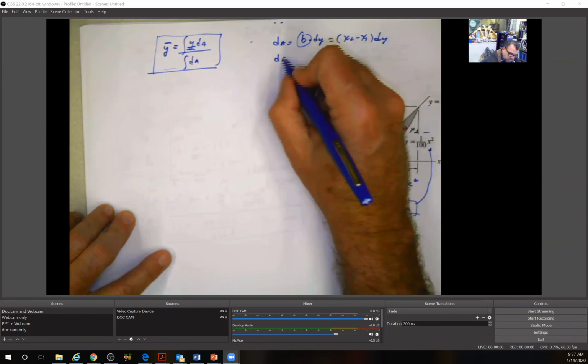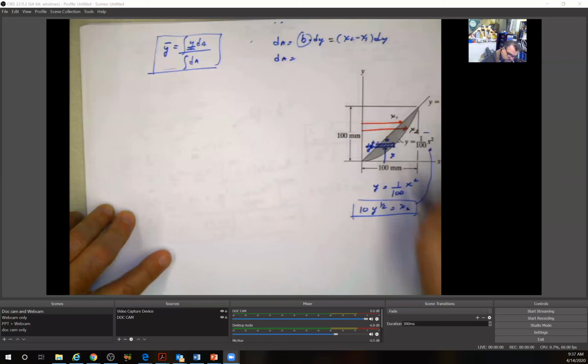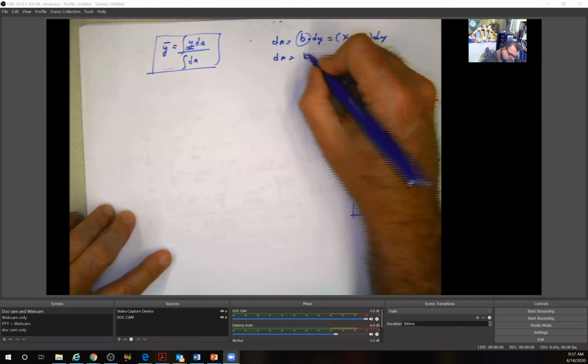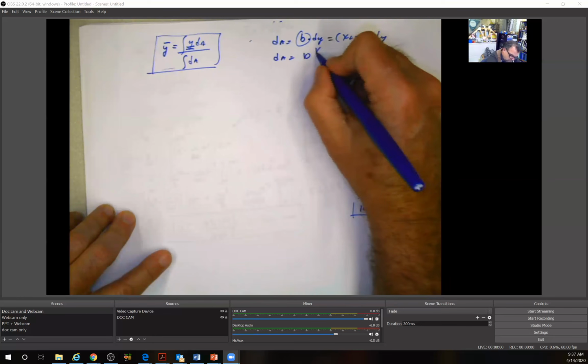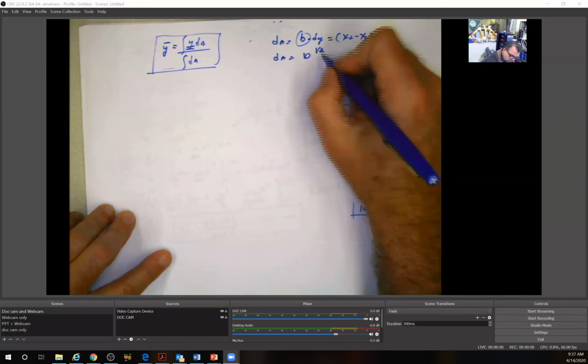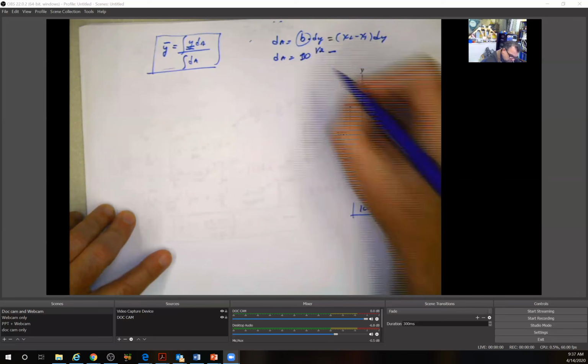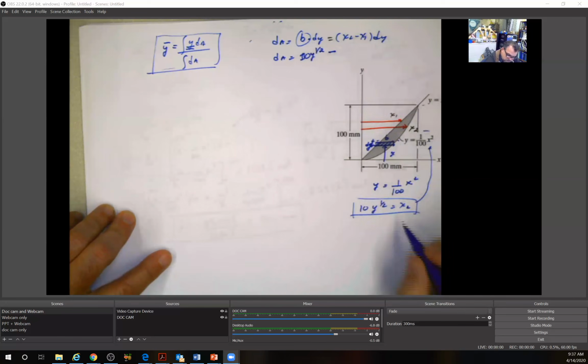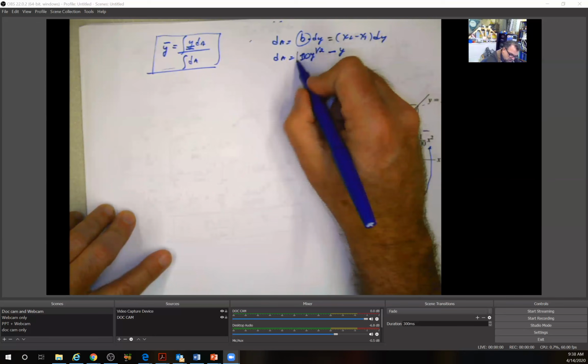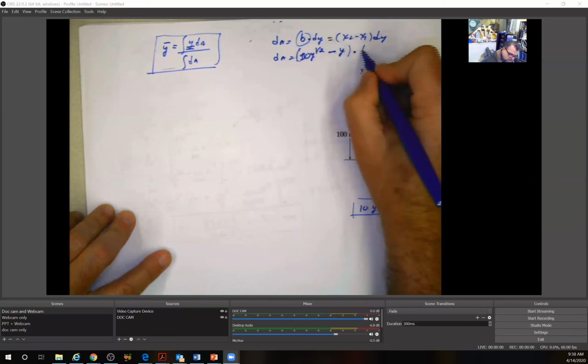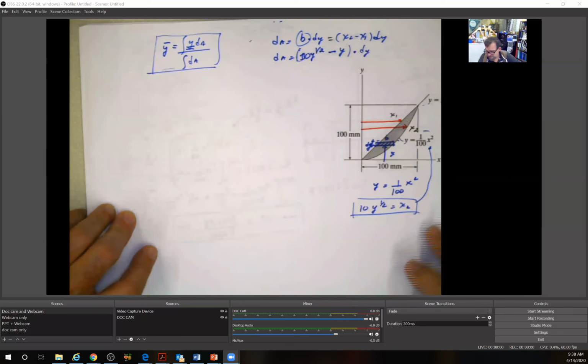Then my differential of area will be x2, which is 10 y to the 1/2, minus this, which is just y here, x equal y, multiplied by dy. You can do that.